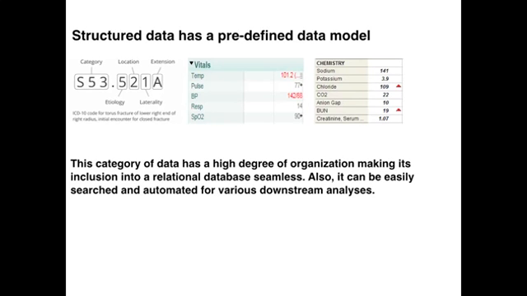Billing codes, blood pressure values recorded in a patient's chart, and some test results are examples of structured EHR data. This category of data has a high degree of organization, making its inclusion into relational databases seamless, and it's also easily searched and is amenable to automation for various downstream analyses.